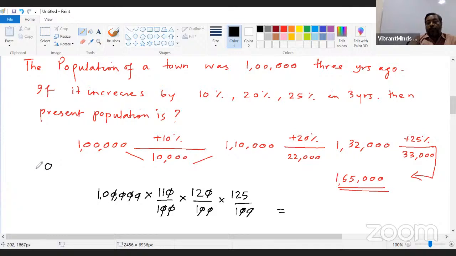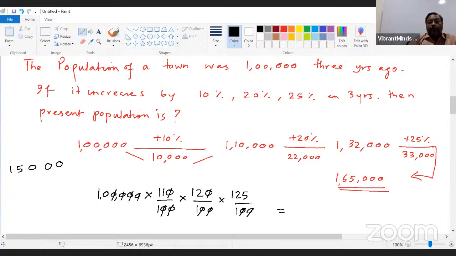So 12 into 125. 12 into 125 is how much? 12 5s are 60, carry forward is 6. 12 12s are 144 plus 6, that is 150. So 125 into 12 gives me 1,500.